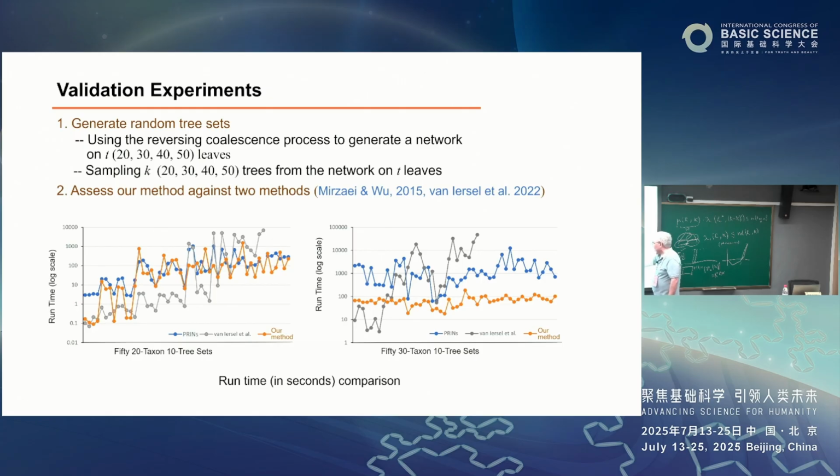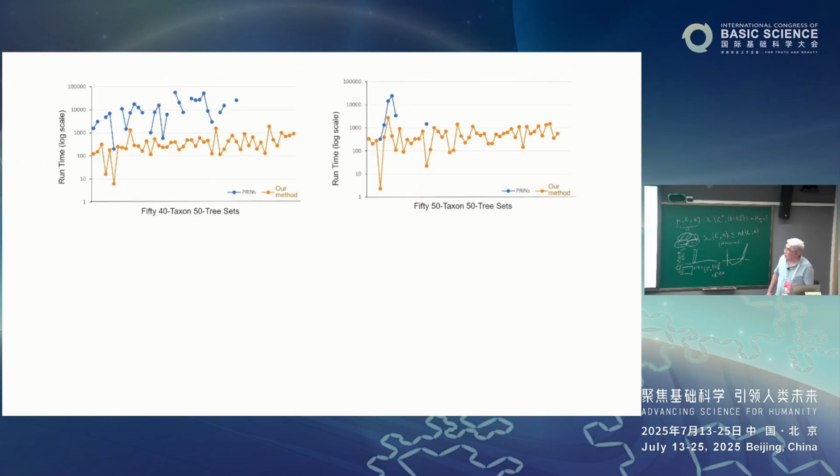But you see, when the data size becomes larger and larger, our algorithm runs fast. For the middle size data set, we can run this, but only this other program runs for some cases.